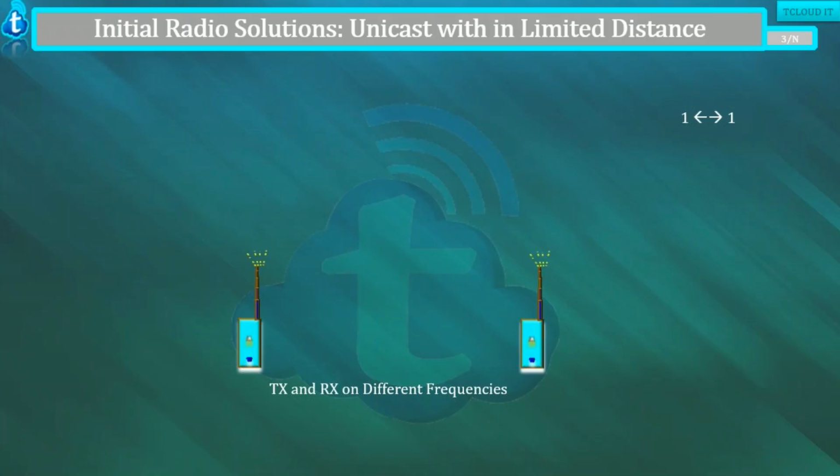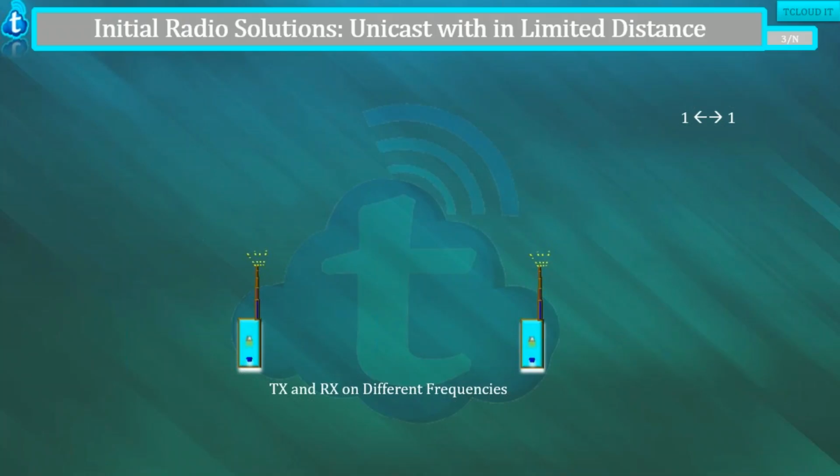So your transmission becomes reception for the other guy, and the other guy's transmission becomes reception for you. If we can have such an arrangement, we can build a solution where these two devices are communicating and having a voice call exchange between them.